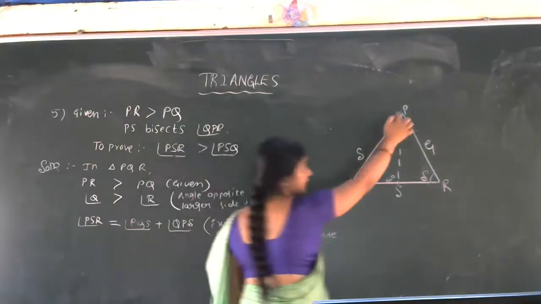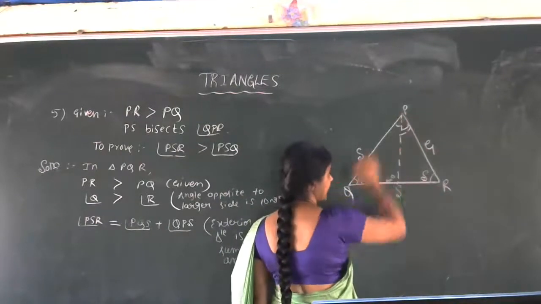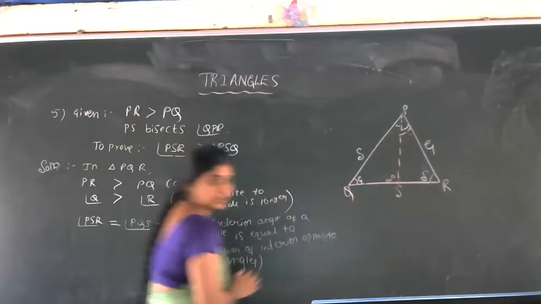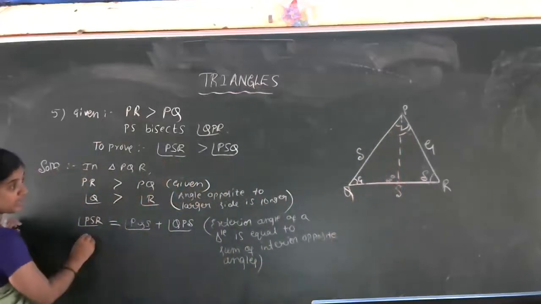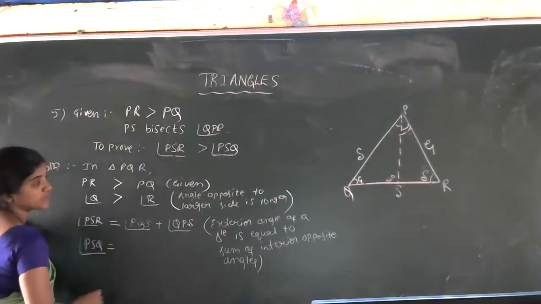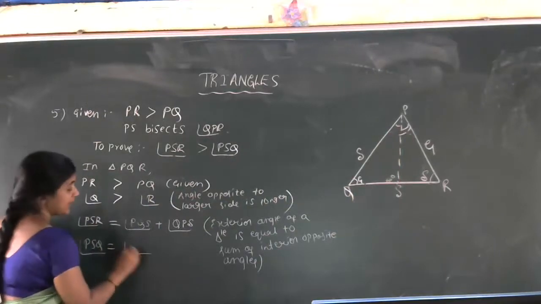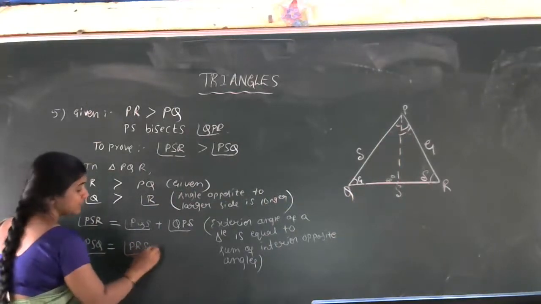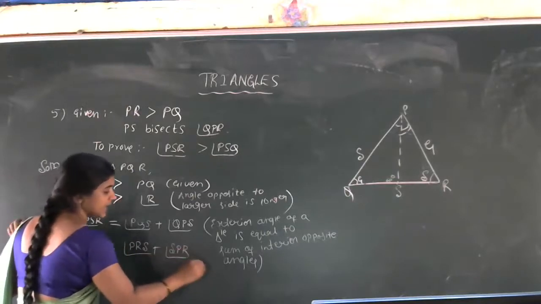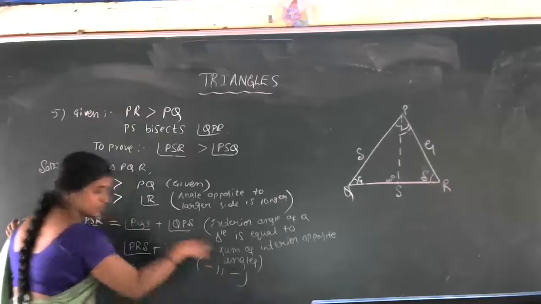Now we are taking PSR as the exterior angle for PQS, so PSR is equal to the sum of these two. In the same way, take PSQ. Angle PSQ is equal to the sum of angle PRS plus SPR. Same reason, no need to repeat it.